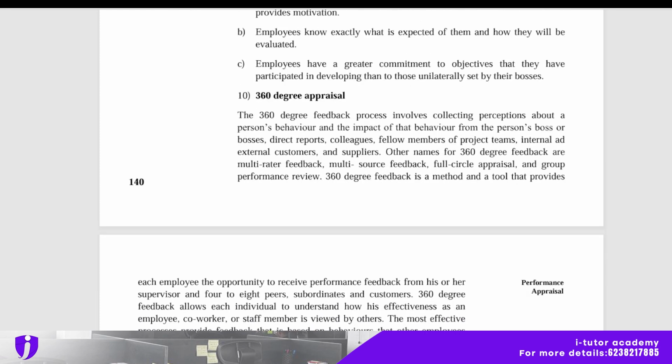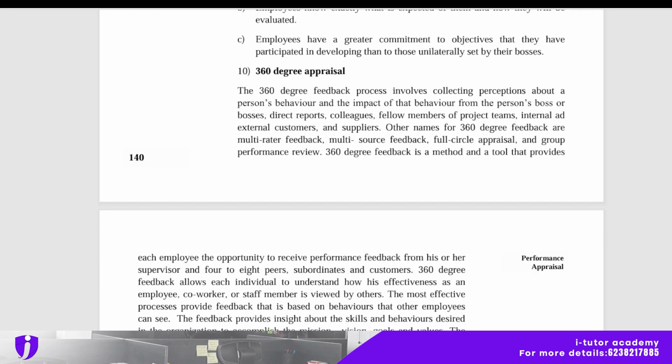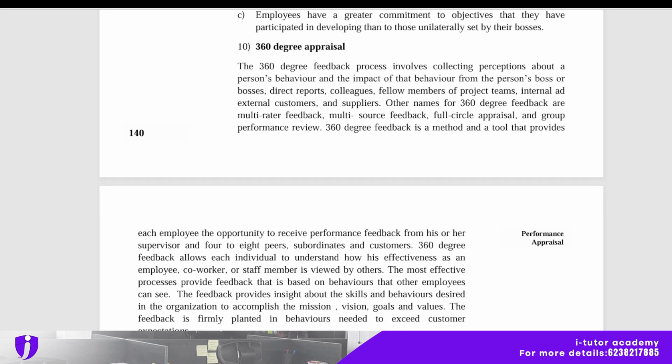And next is 360-degree appraisal. The 360-degree feedback process involves collecting perceptions about a person's behavior and the impact of that behavior from the person's boss or bosses, direct reports, colleagues, fellow members of project teams, internal and external customers, and suppliers.